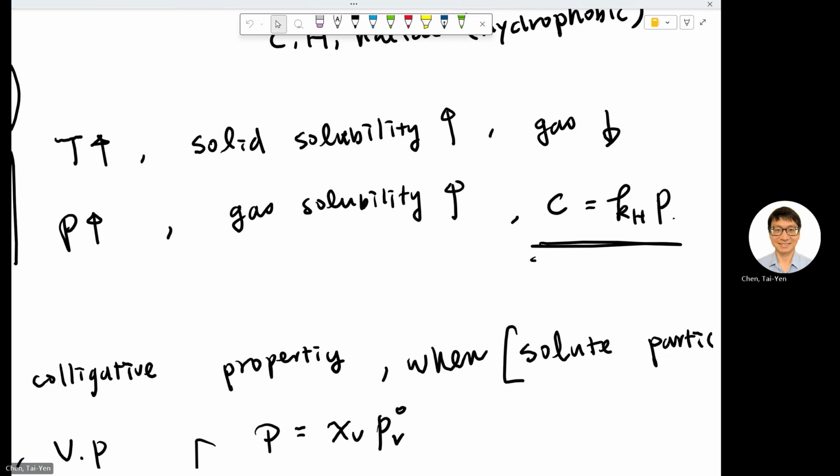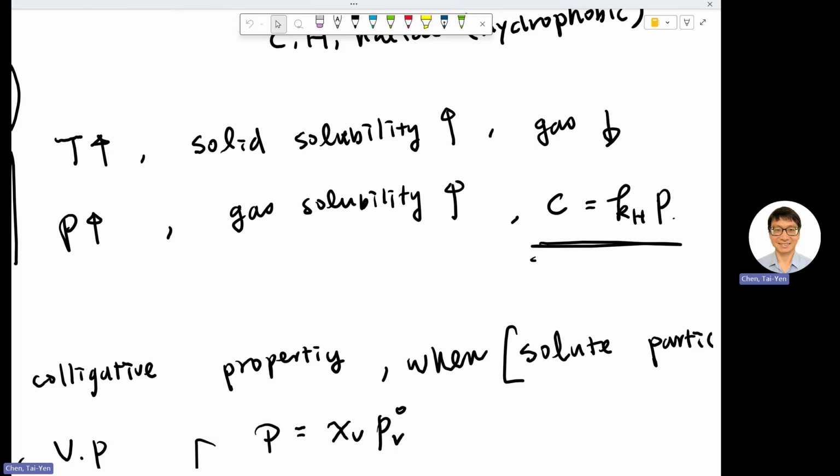But if your solute is a gas, the solubility will decrease. The way we introduce the concept is that if you heat up your Coke, all the CO2 will leave your water. Then pressure is only relevant when your solute is a gas molecule.